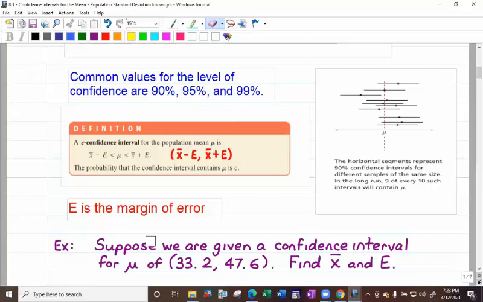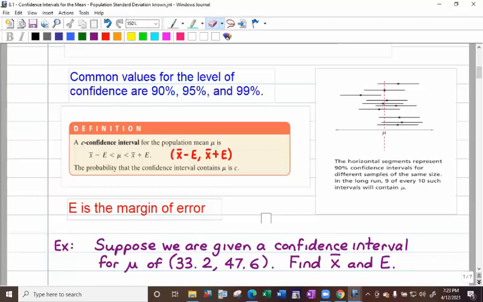So suppose you were just given this confidence interval. We don't know anything yet about the percentage or any of that, because we're going to be calculating confidence intervals when we have data presented to us shortly. But let's say this is all you know: 33.2 to 47.6. From that information, can you find x bar, which is the sample mean, and can you find the margin of error, E? And guess what?